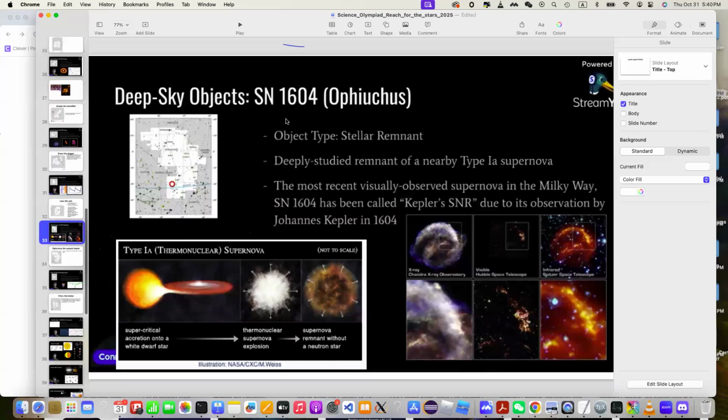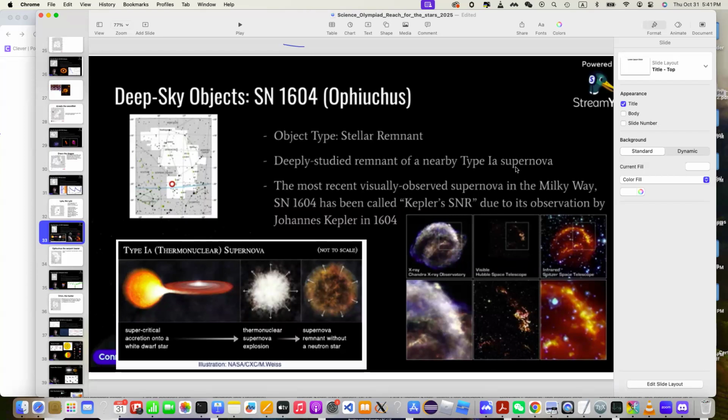Okay, the next object is Supernova 1604. You see SN stands for supernova. It's a type 1A supernova.